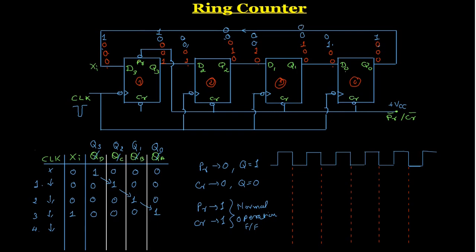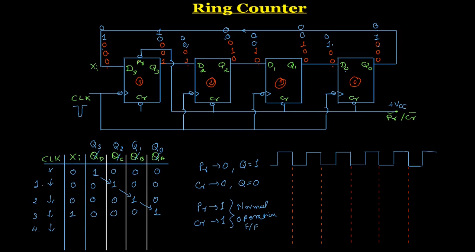The input to D0 is 0, and after applying this negative edge, this is also going to be a 0. So after this fourth clock pulse, remember that whatever the final output is, that is a 0. This 0 is going to appear at the input xi, so we will write 0 here.